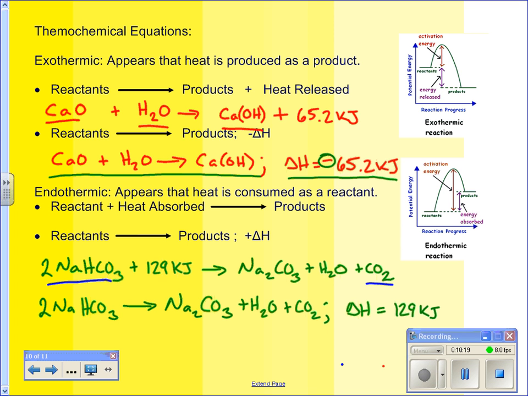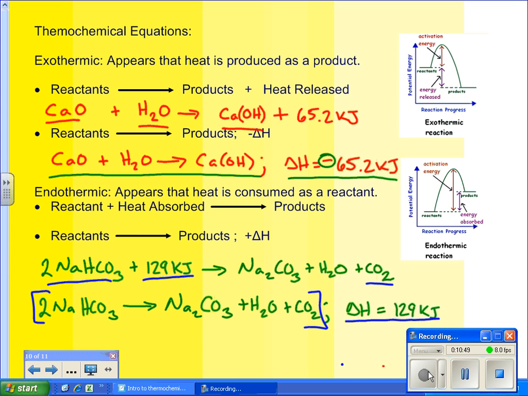It takes in heat to proceed. So one way to write it is to put the amount of heat that it takes in, 129 kilojoules in this case, as a reactant. The other way to write it is just to write out the chemical equation, and then to the side we say that this results in an increase, a positive change in enthalpy of 129 kilojoules.